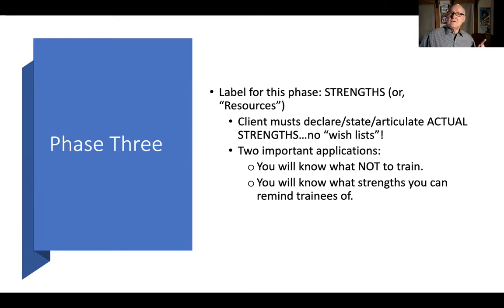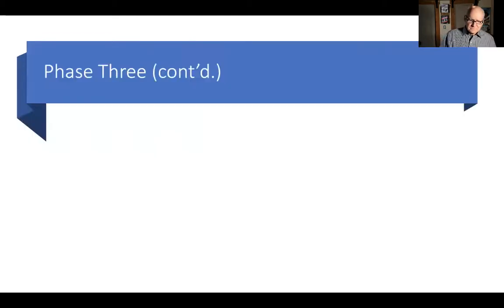That's the what's missing phase. If the client slips into wish list mode, you may not want to dwell on it, but you may want to pay attention, because later on that may be a relevant piece of information when you're finding answers to the question of what's missing. Now, I think that'll make a little more sense when we get to that phase.